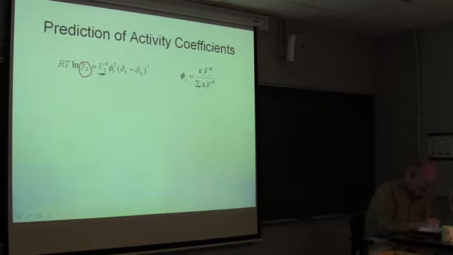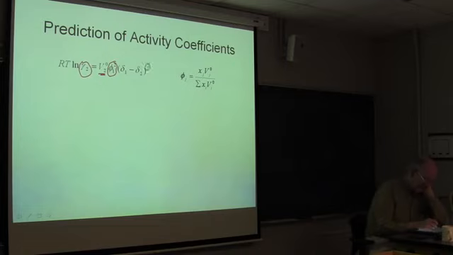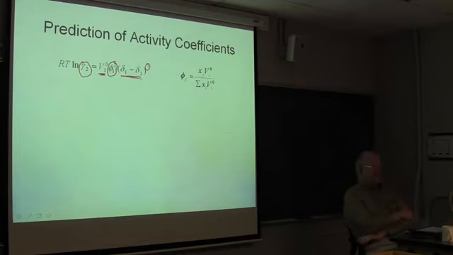That depends on the molar volume of species 2. It depends upon the volume fraction of species 1. And it depends upon the square of the difference in the solubility parameters of 1 and 2. There's no parameter representing the interaction of 1 with 2. That came from the geometric mean rule. That's why it's not there anymore.